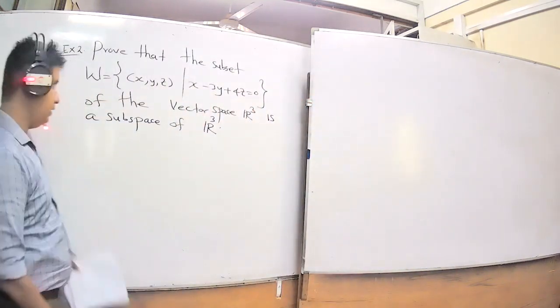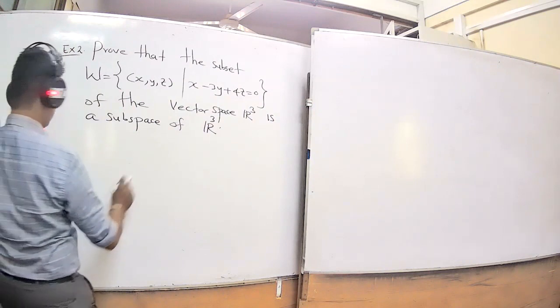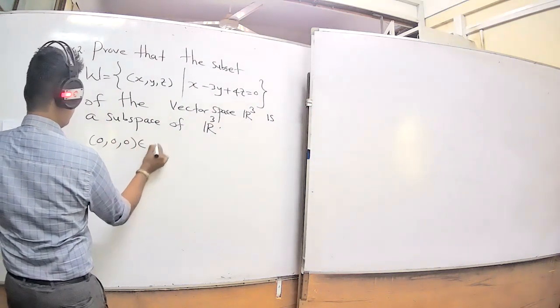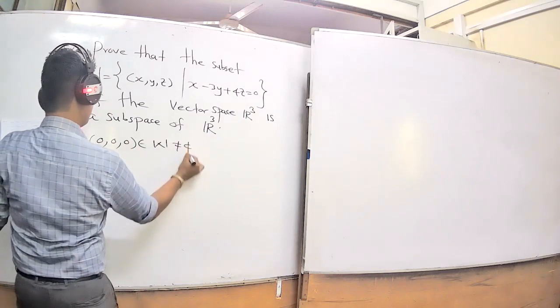So first condition is you want to check the non-empty case. So obviously this 0, 0, 0 belongs to W. Therefore it is obviously non-empty.